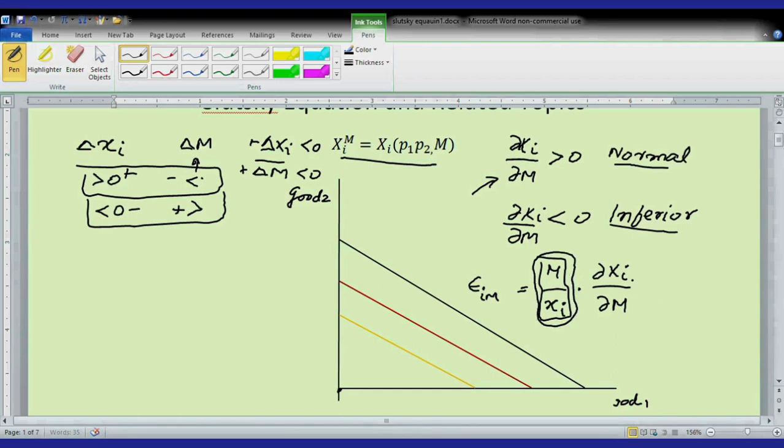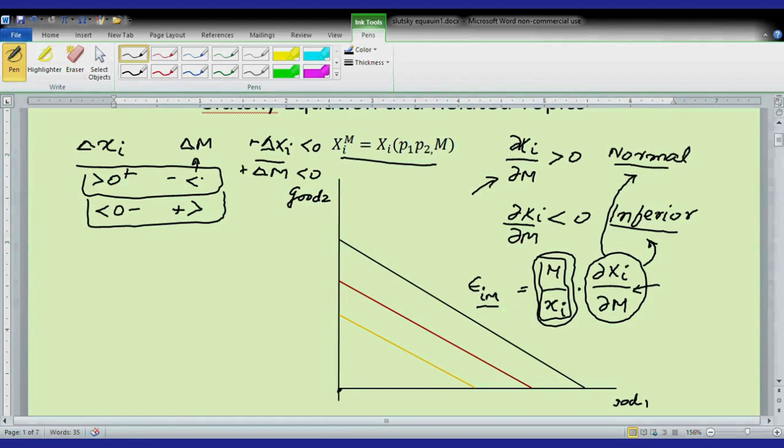But this derivative can be negative or positive depending upon whether the good is an inferior good or a normal good. If the good is an inferior good, the derivative will be less than 0, and this means that income elasticity will be less than 0.